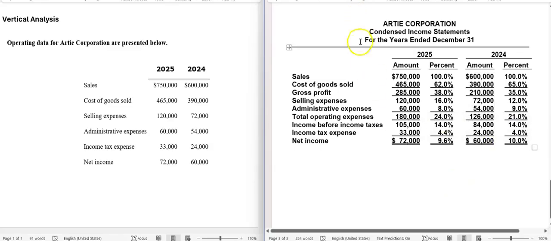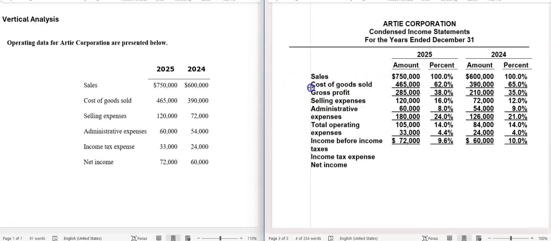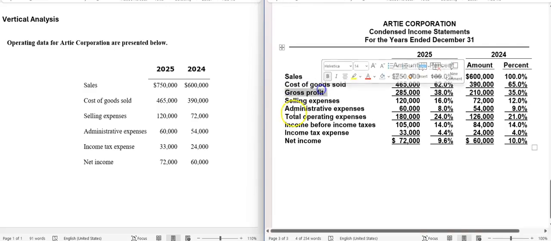Now to apply vertical analysis. We want to know what is the percentage of each of these line items, cost of goods sold, gross profit, selling expenses, and so on and so forth. What is the percentage of each line as a percentage of their total revenues, right?